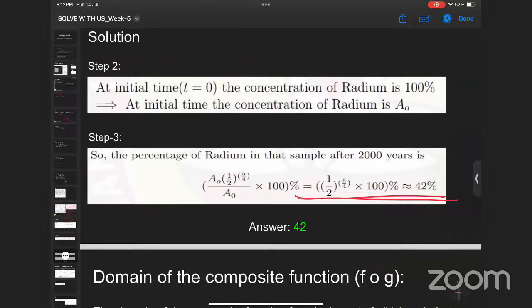Ma'am, I was stuck while calculating it further. I was stuck where I had to calculate 1 by 2 raised to the power 5 is okay, but then 1 by 2 raised to the power 1 by 4, how to calculate that? So there is no problem, right? In this, power can be rational, power can be irrational also.